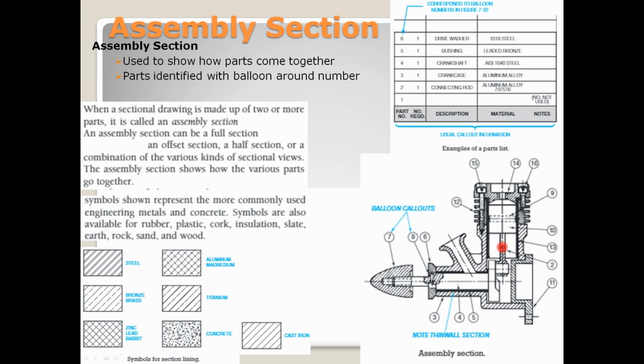Symbols represent the more commonly used engineering metals and concrete. Symbols are also available for rubber, plastic, rock, earth, sand, and wood. If you look at some of the symbols for the section lining here, this symbol shows steel, and then the concrete, cast iron, and so on and so forth.